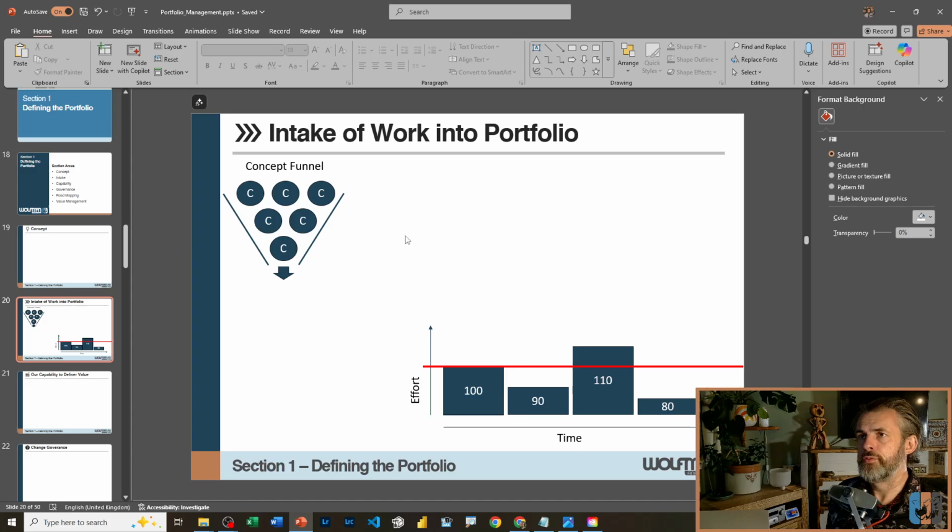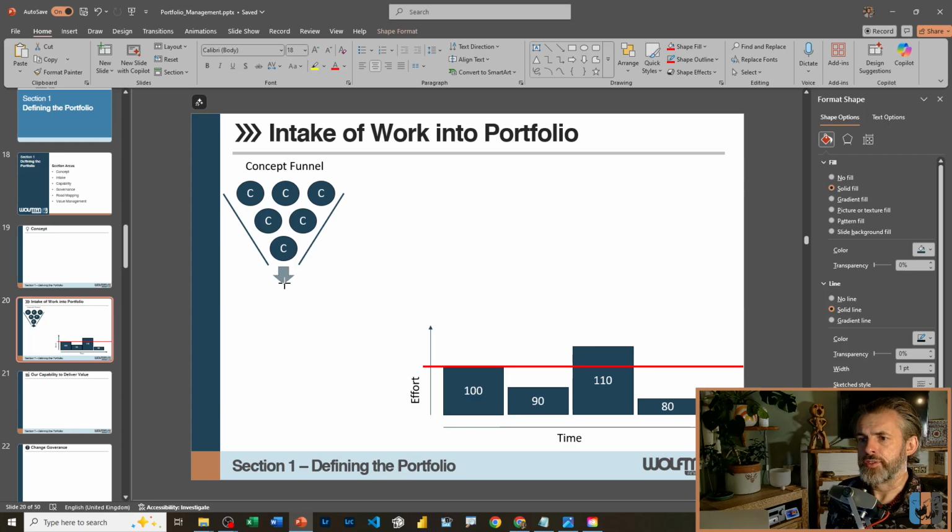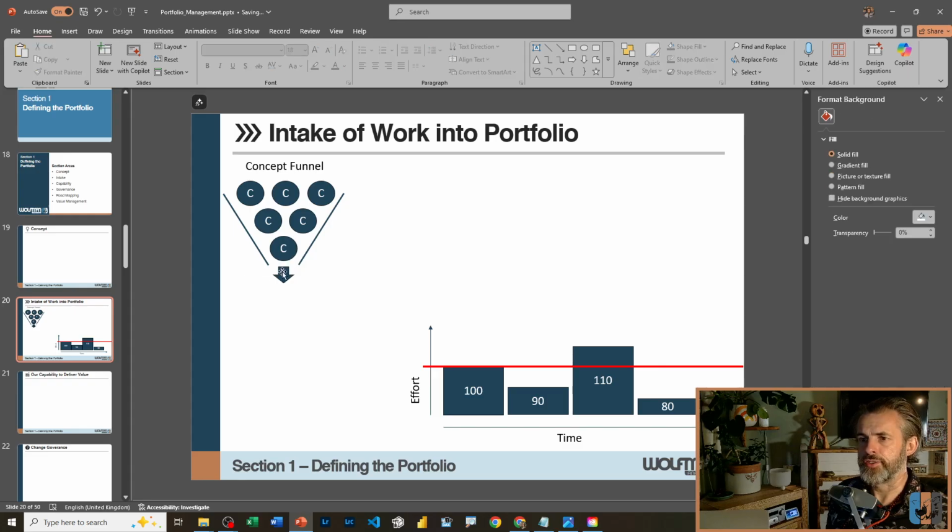there'll be some kind of forum where these items are discussed, and we'll be doing assessments and asking certain questions of each of these. And this all comes down to how strict do you want your intake process to be. So I would say that this is the more governance heavy side of it, because once something's in the portfolio, you'll be delivering against it.